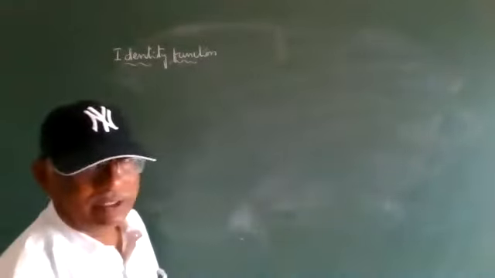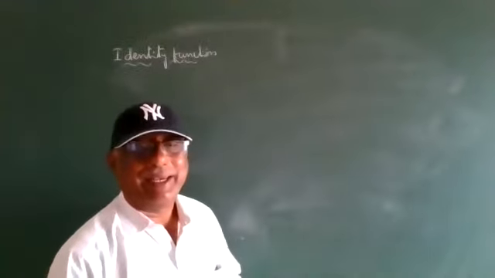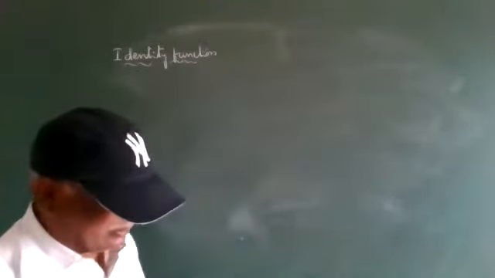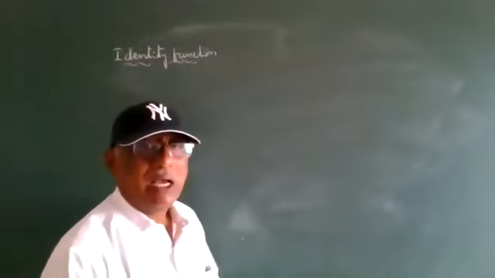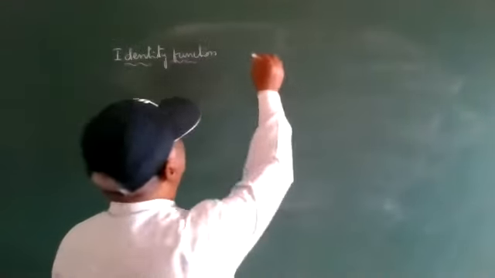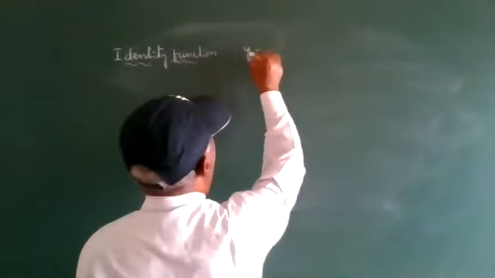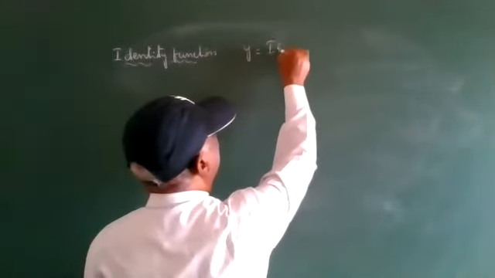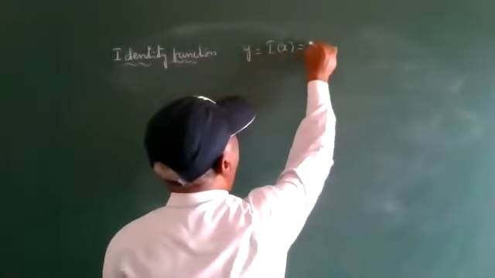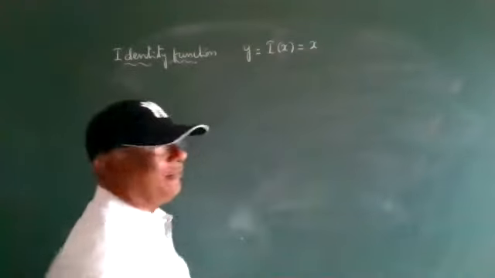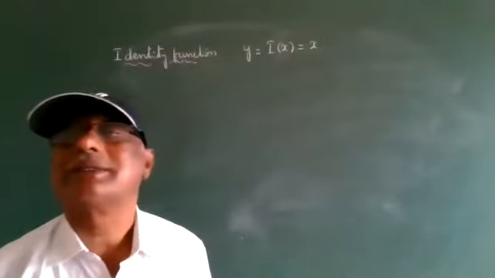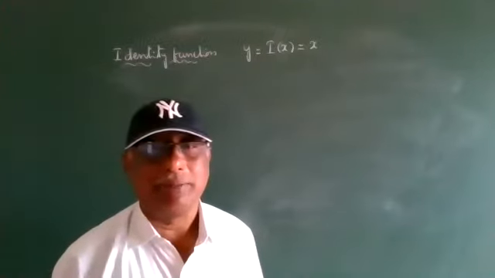Identity function. What is the identity function? Identity function means, everyone see, y is the function value, y is in the codomain. It is I of x, which means the same x will come.